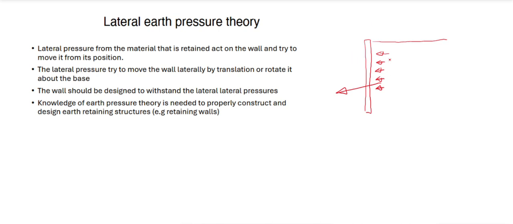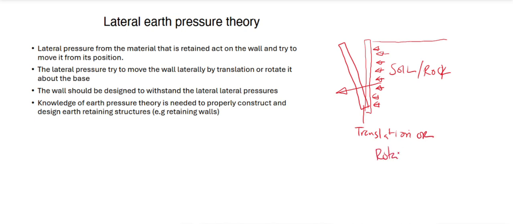So just as I indicated that the soil here or the rock here would in a way subject the retaining wall to a form of pressure, that is a lateral form of pressure that will in turn cause it to move either by translation or by rotation.